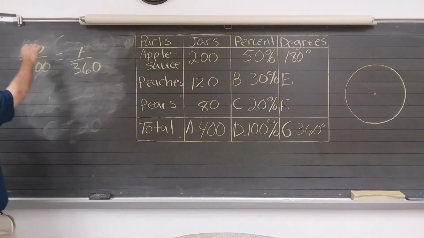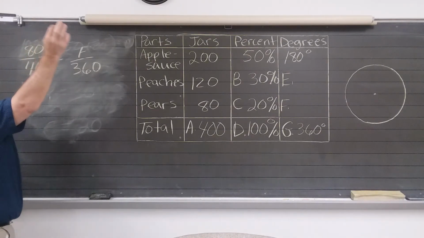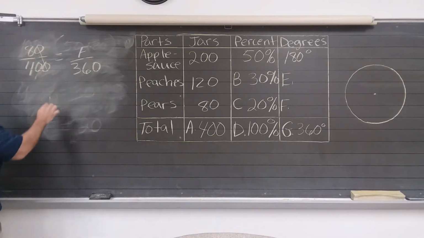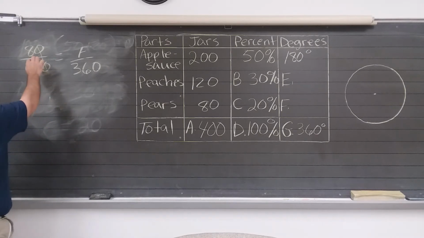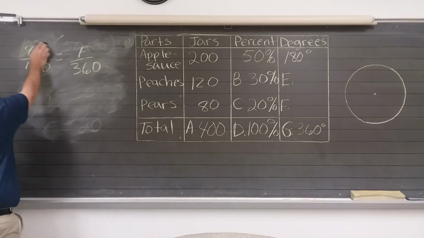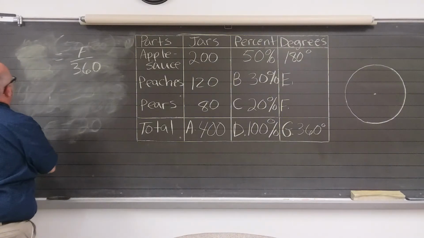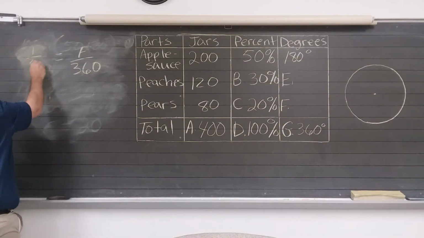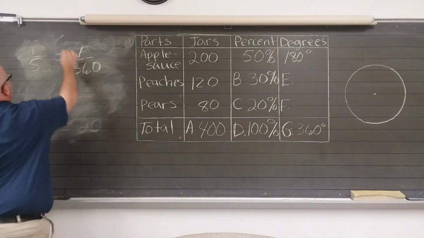You can also reduce this to lowest terms, or even just chop off zeros, have 8 over 40. But that is also what? 8 over 40 is 1/5, right? You can do it like that.